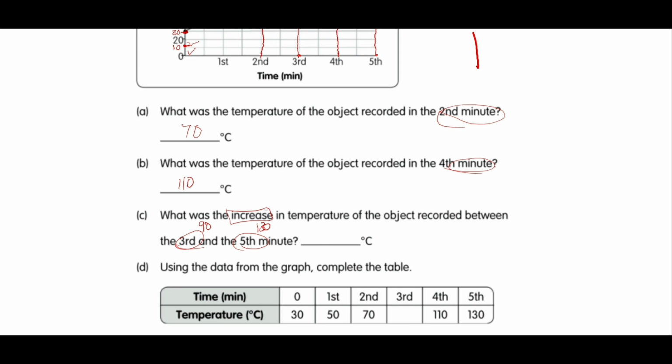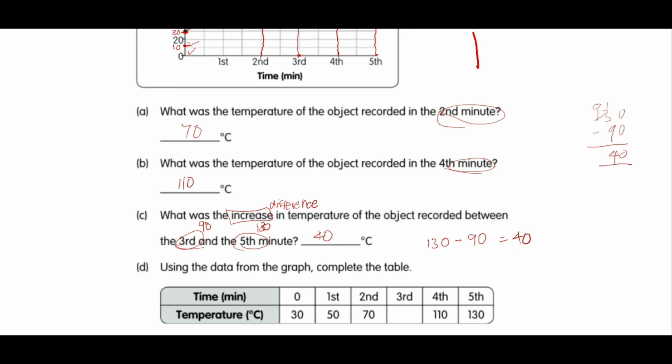Now, we want to find the increase in temperature between these 2 minutes. So we are finding the difference. So to find the difference, we are taking 130 minus 90. So we have found that the difference is 40 degrees Celsius.